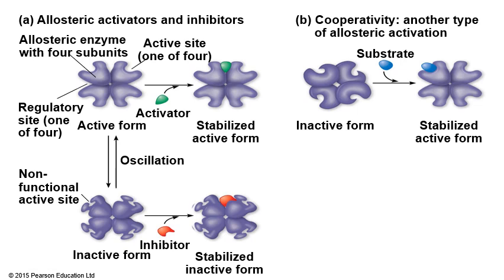With the active form, when some chemical acts as an activator and binds into some part of the enzyme, it stabilizes the active form. So with that active form, the biochemical reaction can go on and on. So it can stimulate the biochemical reaction.